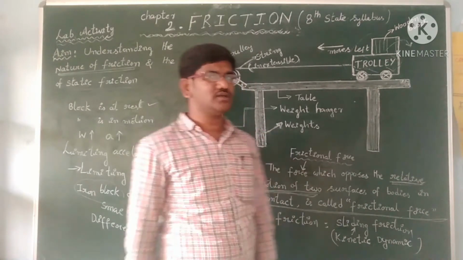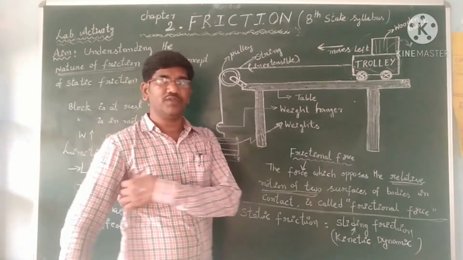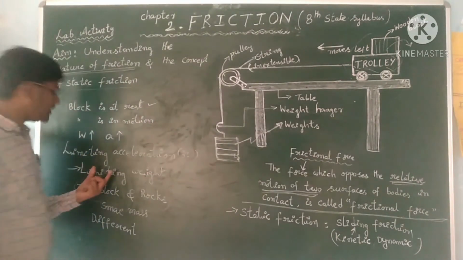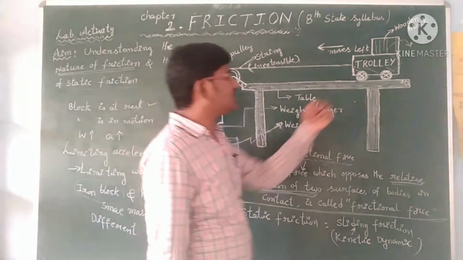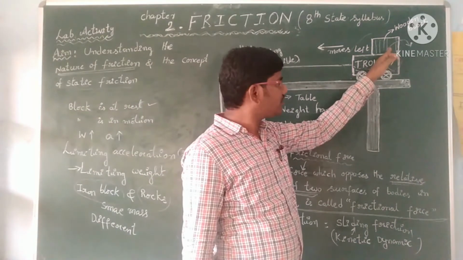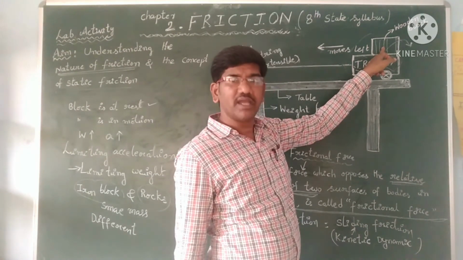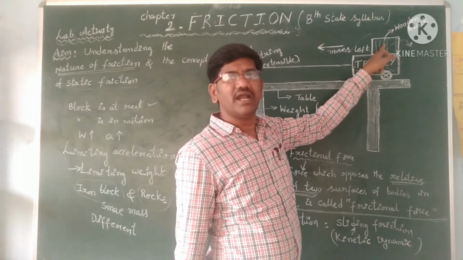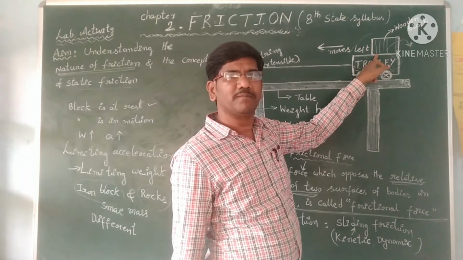Okay students, in this activity we have seen what frictional force is. Up to the limiting weight, the trolley applies some force on the wooden block trying to keep it at rest, and the block also applies the same amount of force on the trolley.